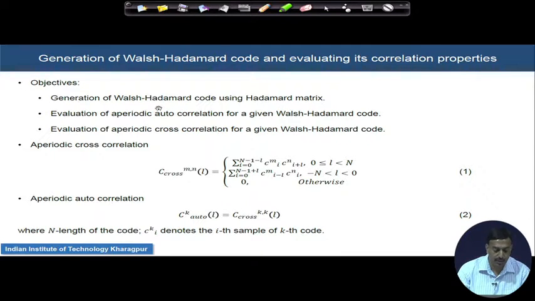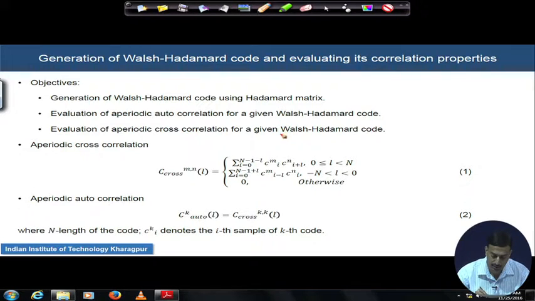We will check a periodic autocorrelation property, in the sense that we will choose a given row of this Hadamard matrix and we will test its autocorrelation property. We will plot it and check whether it follows any trend, and we will also check the cross correlation for a given pair of such codes.